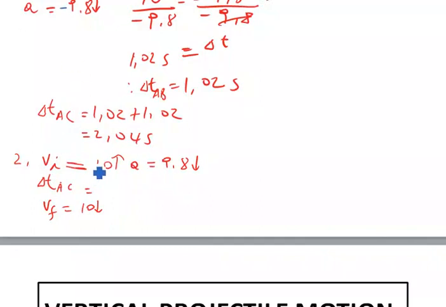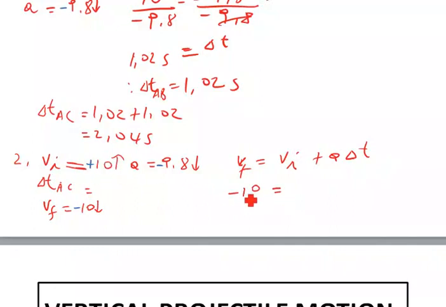We said upwards is positive, so the initial velocity is positive, and this one is downward, therefore it will be negative. So we are going to use the same formula because we have final velocity and initial velocity, time and acceleration. So final velocity is equal to the initial velocity plus a delta t. Now let's substitute. The final velocity is minus 10.